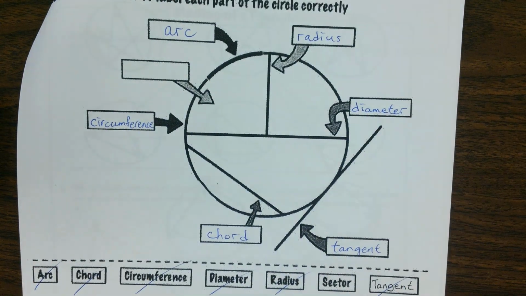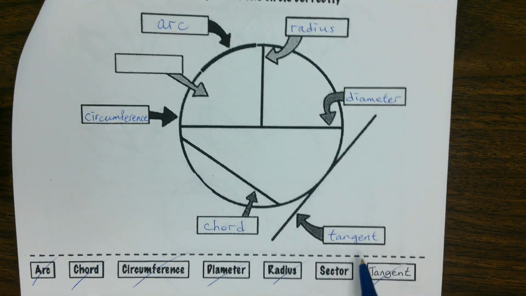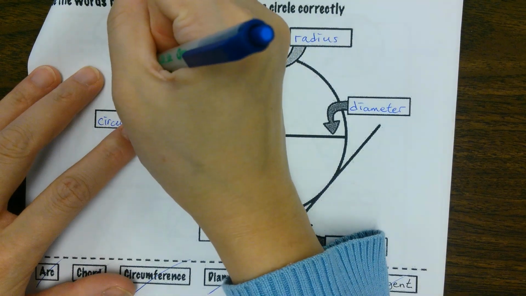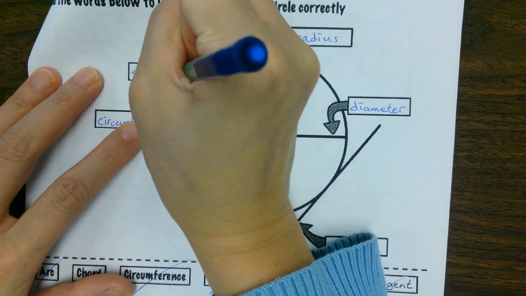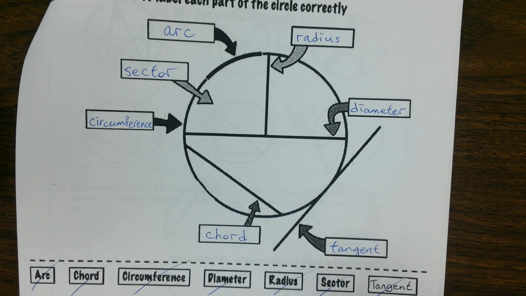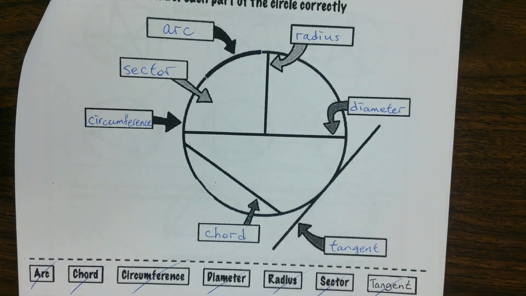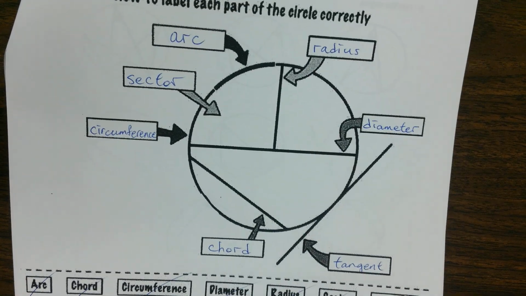And so finally, this inside section right here is called a sector. Okay. So if you memorize this diagram, 1, 2, 3, 4, 5, 6, 7, 7 easy marks. Okay.